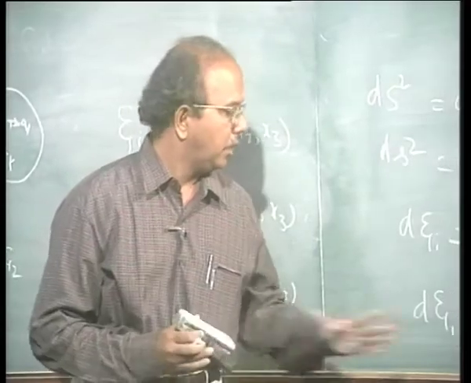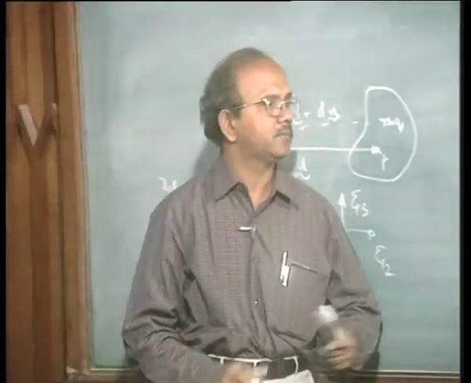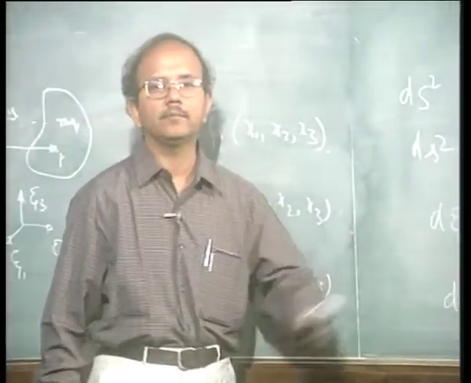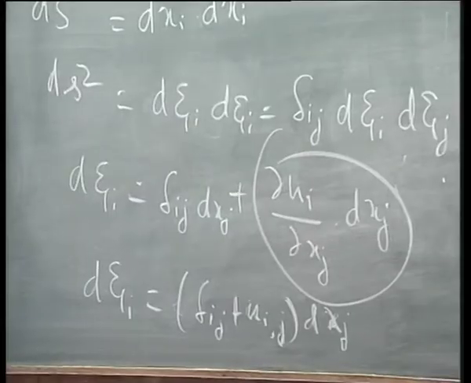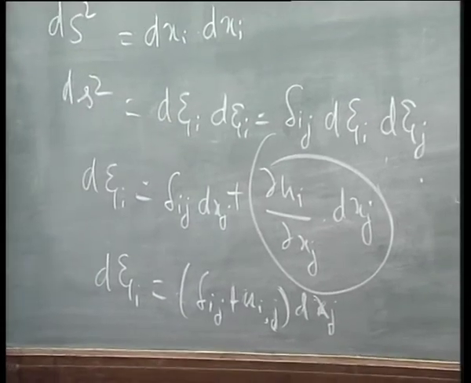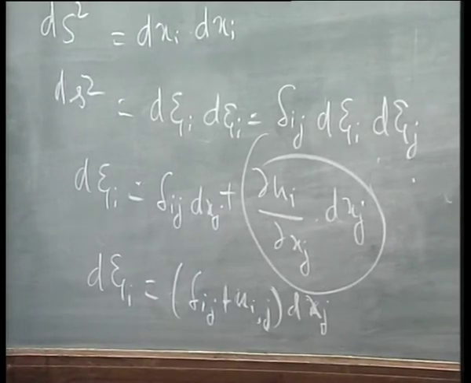Okay. Now, what I am going to do is to substitute this into ds squared, that equation which is sitting there. That is going to result in a slightly more complex indical notation situation, which I am not going to do, and I leave it as an exercise because that is an excellent exercise for a student to do.